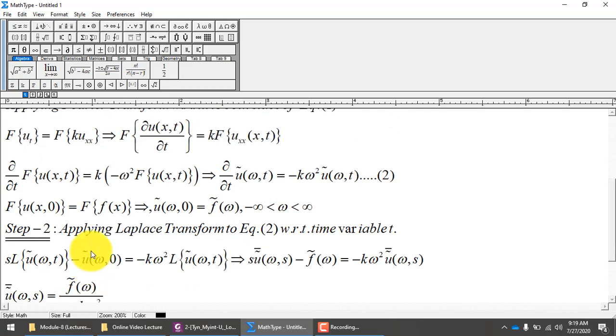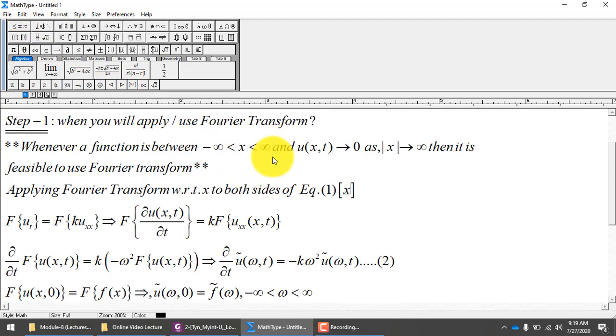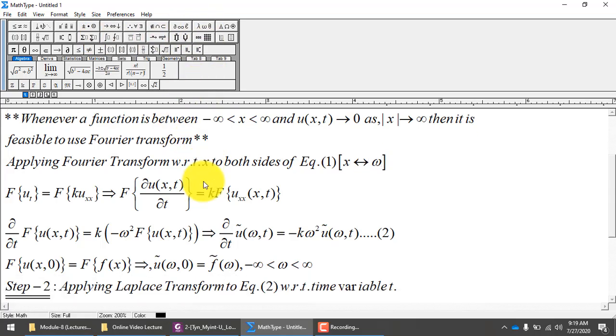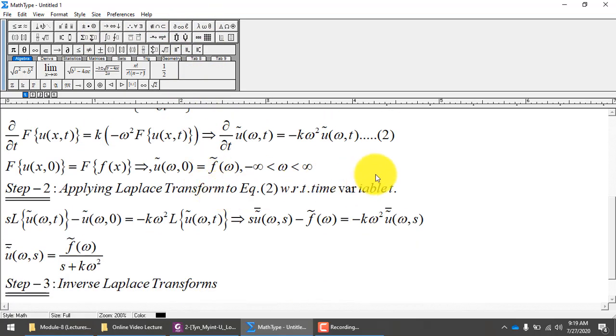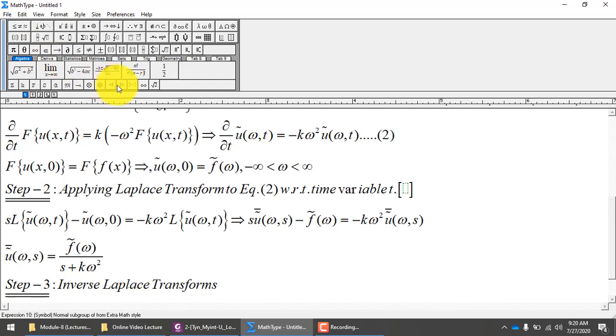Remember what the Fourier transform does. This is only for your knowledge, I am just writing it. A Fourier transform changes x to omega. What does the Laplace transform do? You remember that in that transformation t is changed to s.